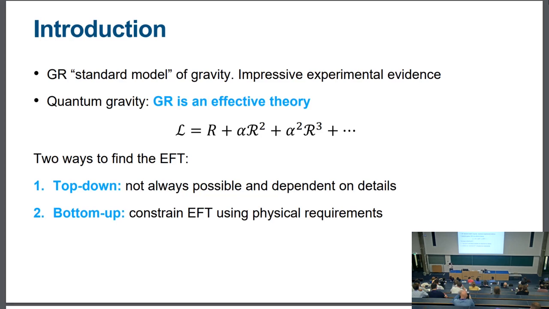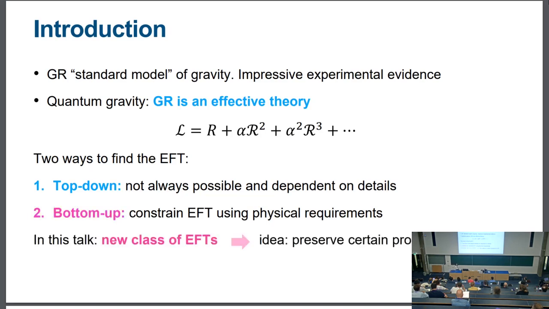Or you can take a bottom-up approach, which means you come up with an effective field theory, not a crazy one, but just something that sounds reasonable, and then you impose various physical constraints, for example unitarity, causality, and so on. Today, I'm going to talk about the second approach, the bottom-up approach.